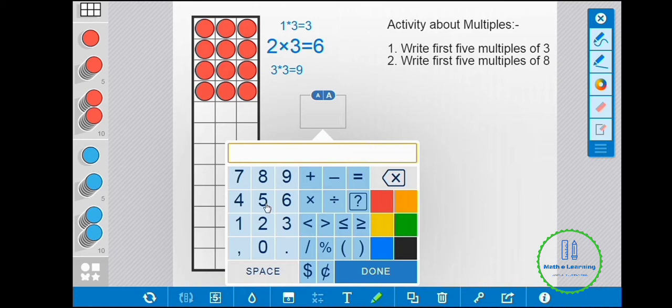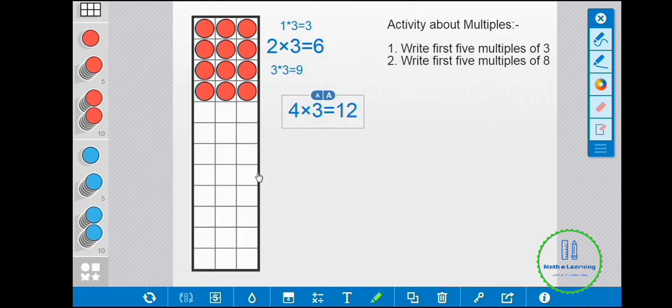Now I have filled the fourth row also, and now I have number of rows 4 and number of columns 3. So I will write this in multiplication form. 4 multiplied by 3 is equal to 12. Now we fill the fifth row using these counters.